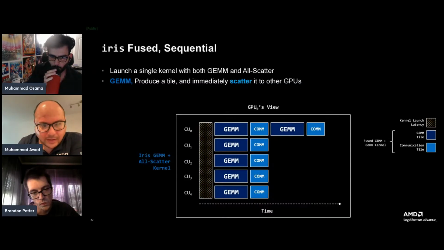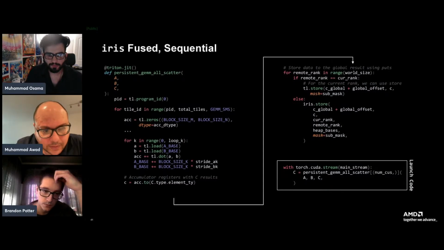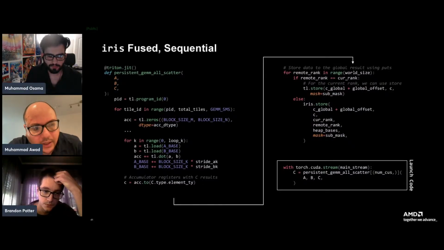Yeah, thank you. Okay, so here's how the code looks. On the left-hand side, you're just producing the GEMM tiles like we have seen before, but this time you don't have to write to main memory because you fused it already. You have this uber kernel that is ready to send the data across.